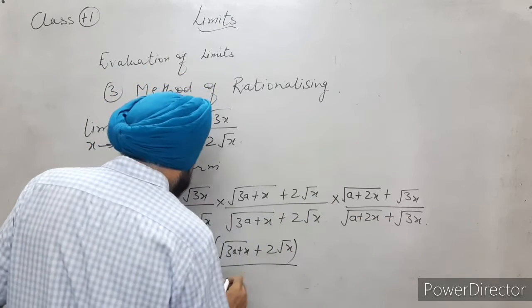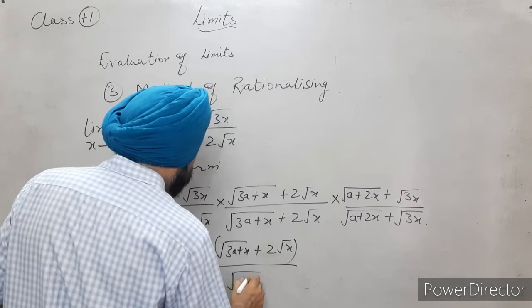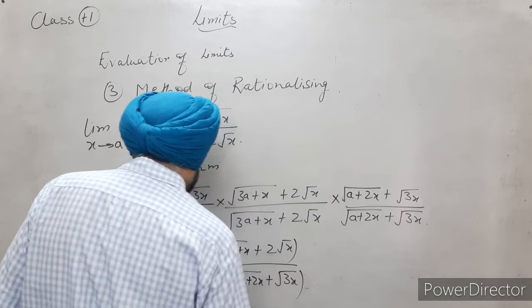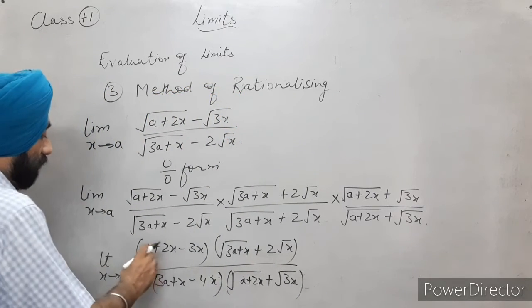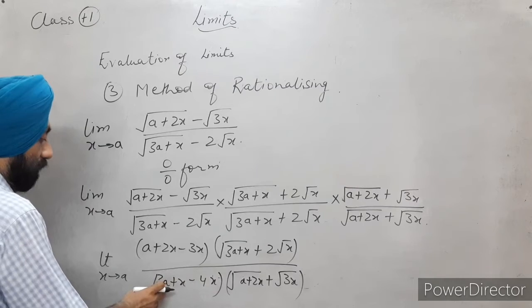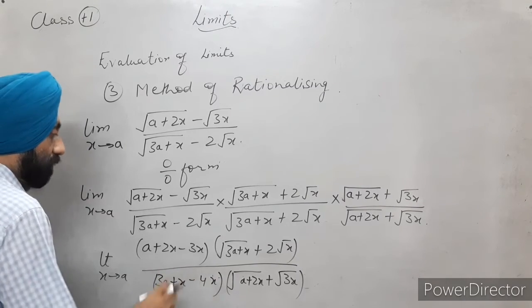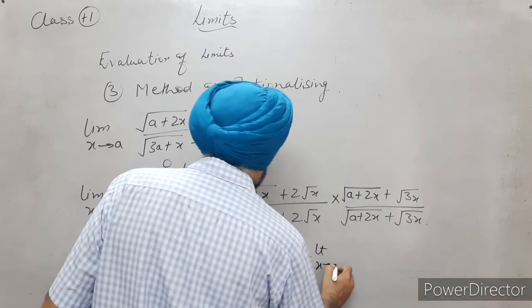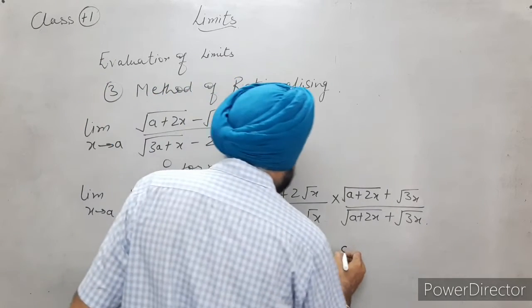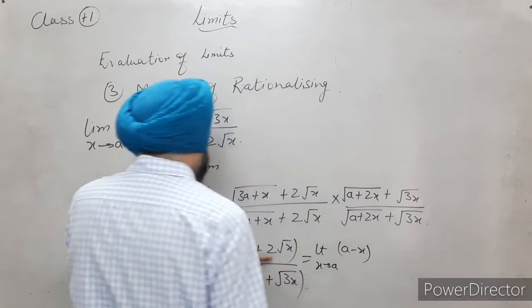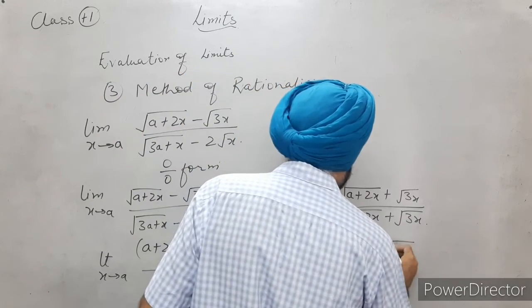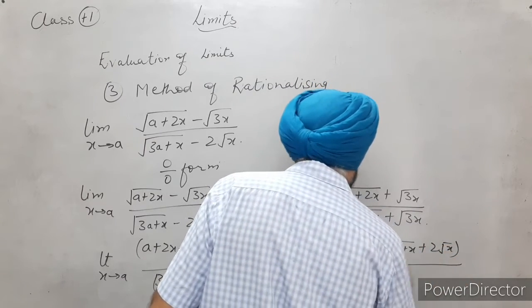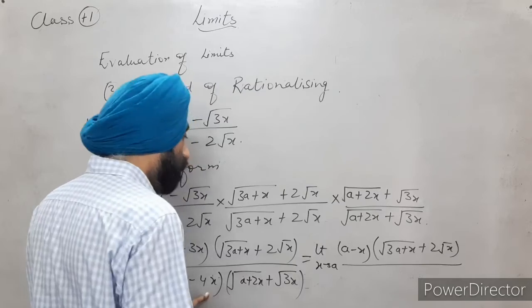And this as such, under root of a plus 2x plus under root 3x as it is. Now a minus x, this is again 3a minus 3x. Let me write it. Limit x approaches a, it is a minus x, this as such, under root of 3a plus x plus 2 under root x divided by 3a minus 3x.